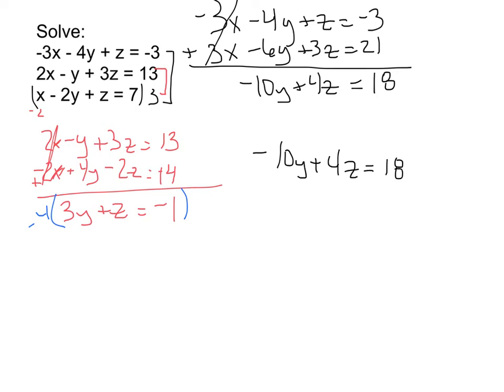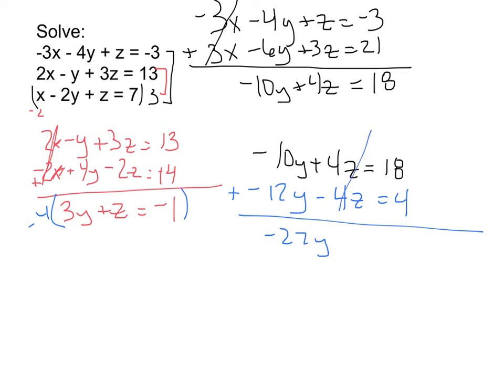But now I get negative 12y minus 4z equals 4. I add, I get negative 22y equals 22. So y is negative 1.